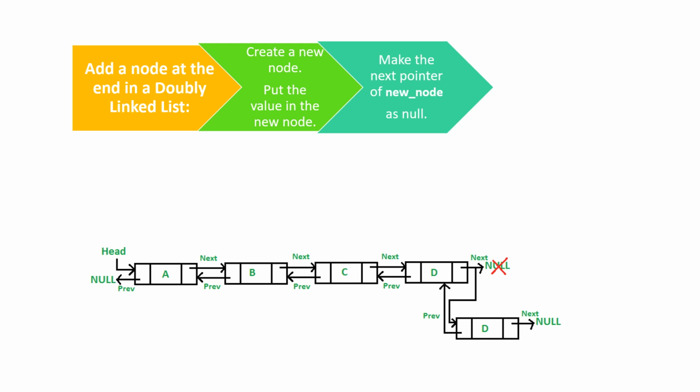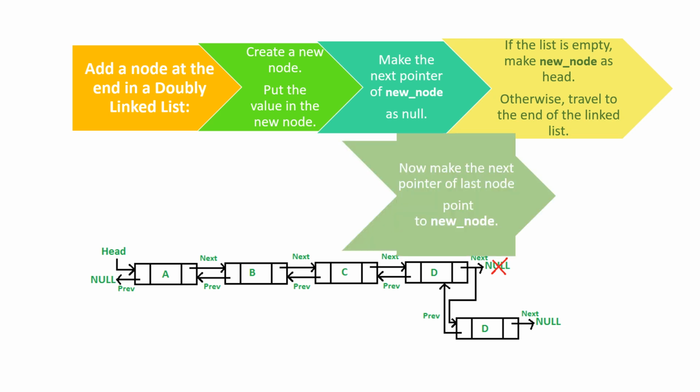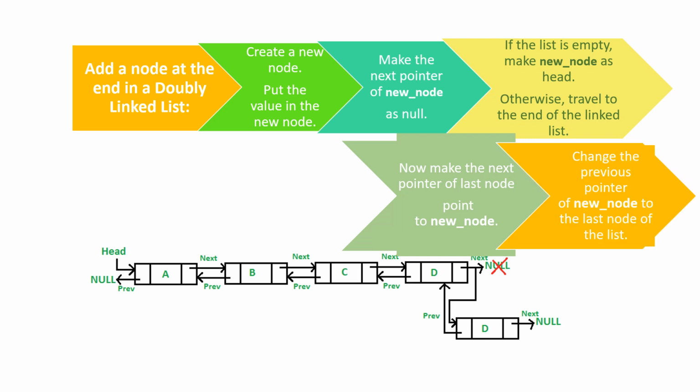Make the next pointer of the new node null. Since we are adding the node at the end, if the list is empty, make the new node the head. Otherwise, travel to the end of the linked list. And now make the next pointer of the last node point to the new node, and change the previous pointer of the new node to the last node of the list.